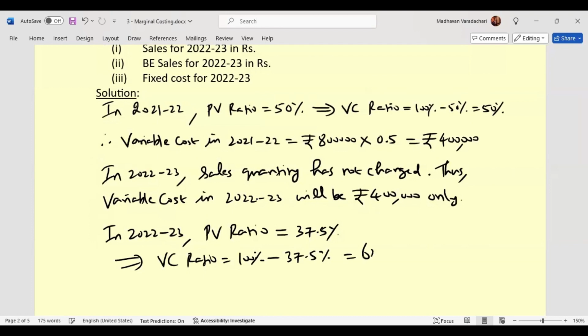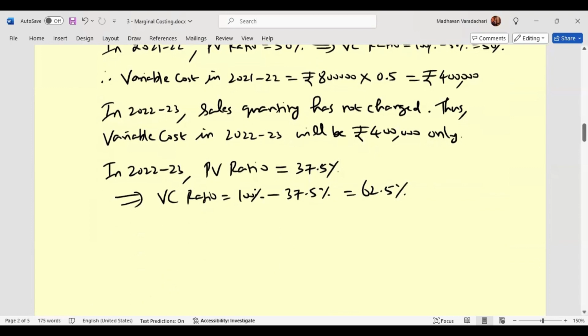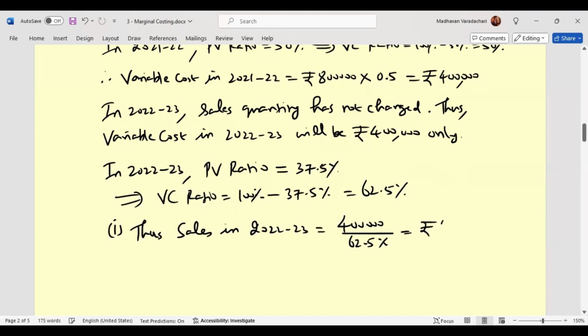That will give you 62.5%. So when we have this variable cost ratio as 62.5%, then our sales in 2022-23 will be variable cost, which is 4 lakhs, divided by the variable cost ratio, 62.5%. If we calculate that, we will get the sales as 6 lakhs 40,000.